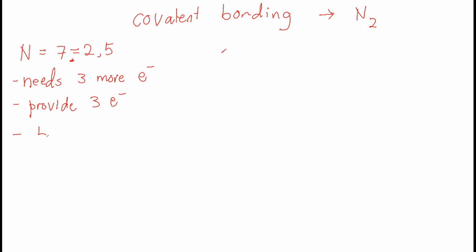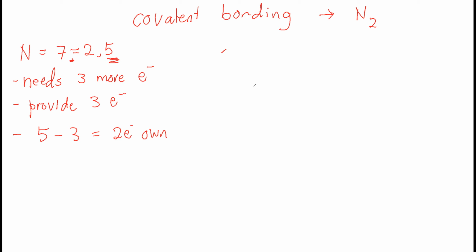Now 5 valence electrons minus 3 electrons given to the bond, we are left with 2 electrons of its own. So when the nitrogen atom participates in the covalent bond, it would have 2 electrons of its own.